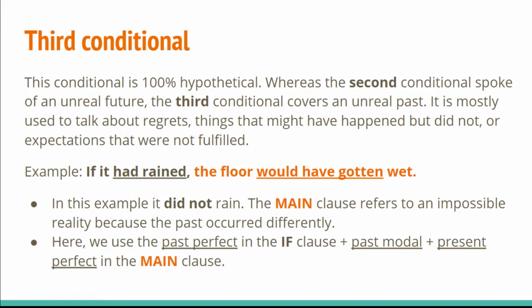It cannot happen simply because in the second conditional, we had the hypothetical in the future, right? In the third conditional, our hypothetical stuff is in the past, and we cannot change the past. So because it's in the past, the outcomes or the situation explained in this tense are hypothetical 100%. So we are talking about an unreal past.